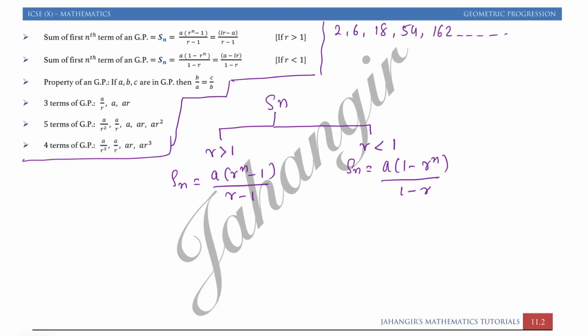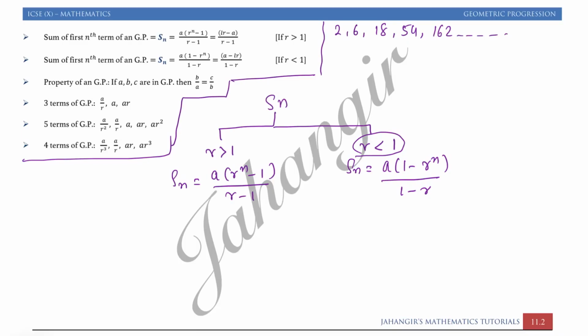These are the two formulas for Sn. You can just choose the formula as per the ratio. If the ratio is greater than 1, then the first formula. If the ratio is smaller than 1, then the second formula. In the first formula, r raised to n minus 1, so you take r minus 1 in the denominator. And when r is smaller than 1, at that time you take 1 minus r raised to n.